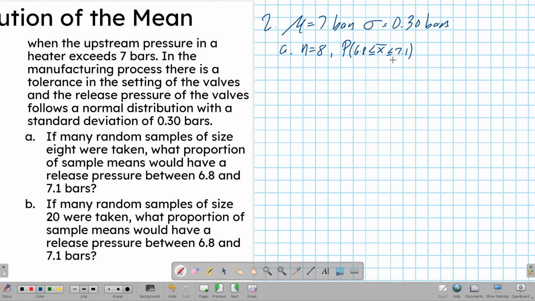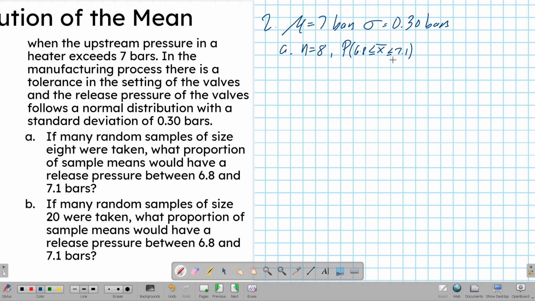So it's specifically asking about the distribution where the sample size is 8. If you take a lot of samples with sample size 8, what's the proportion of those sample means that are going to have a mean between 6.8 and 7.1?